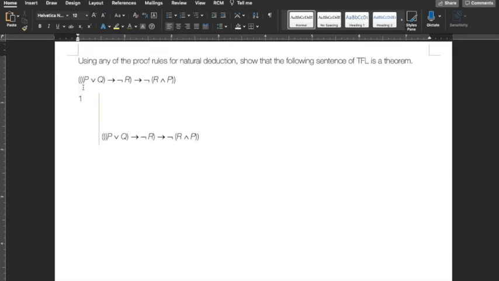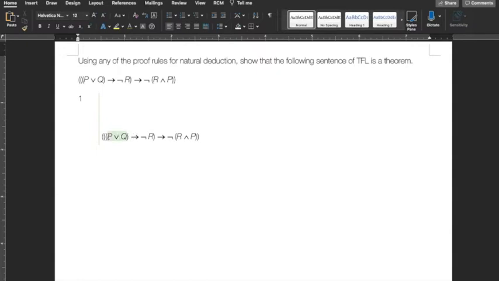Here's our example of a theorem of truth functional logic. You'll notice it's going to be quite a complex sentence, and I've set up the basic structure of the proof already by putting this sentence at the end. And then the next step in our strategy was to identify the main connective. So it can be a little bit tricky with all of these parentheses and various connectives.